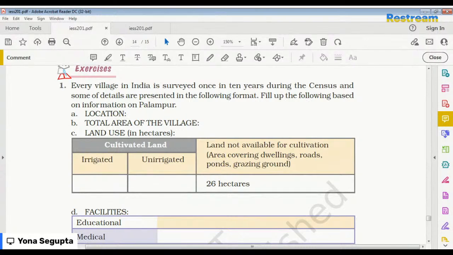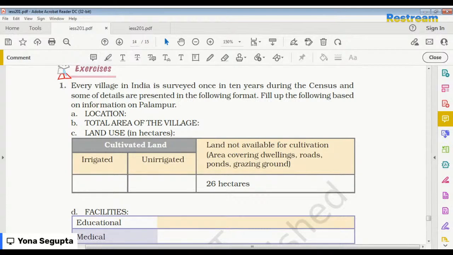Okay, let's see what we get. The first thing here is about the cultivated land. It is irrigated or unirrigated, you need to write. And in another column there is written land not available for cultivation, area covering dwellings, roads, ponds, grazing ground, which is 26 hectares.